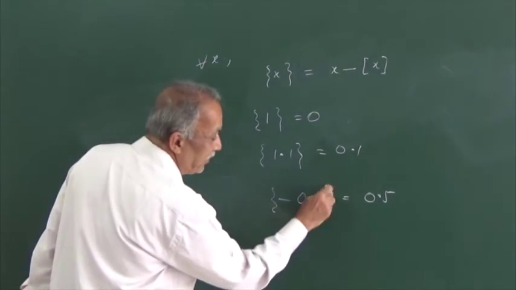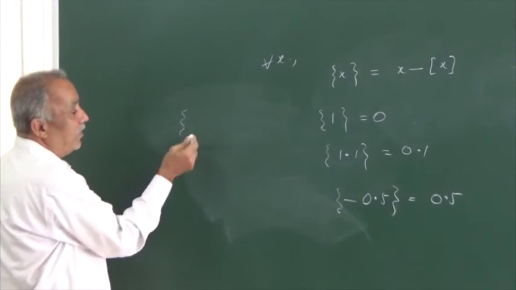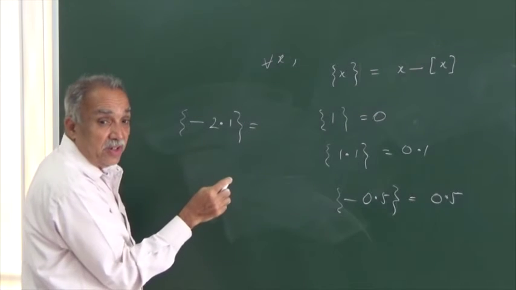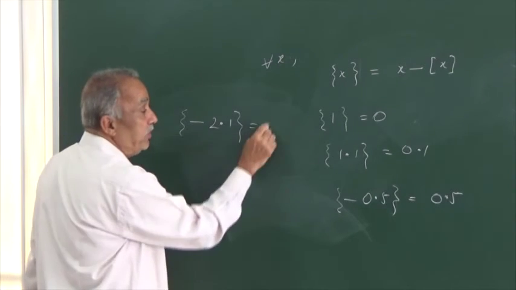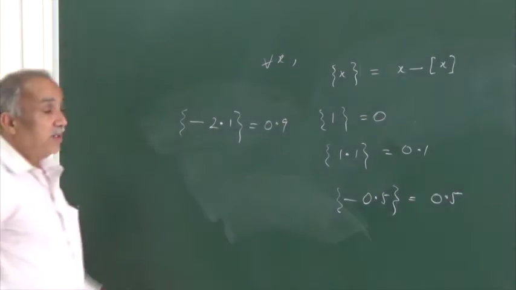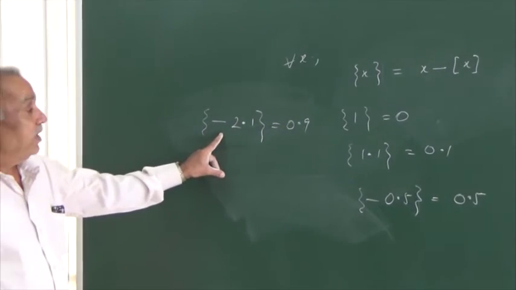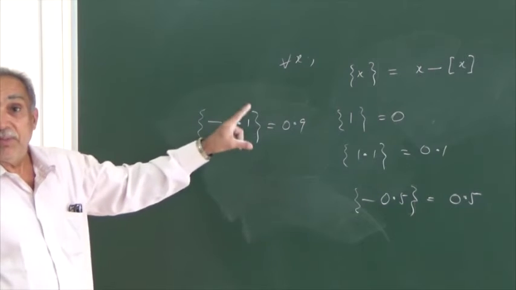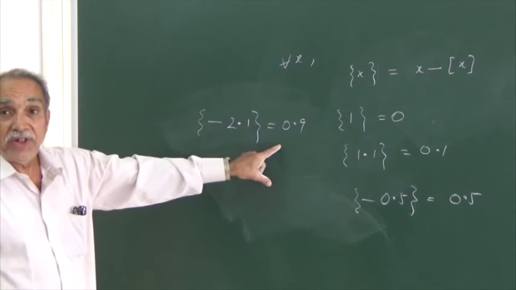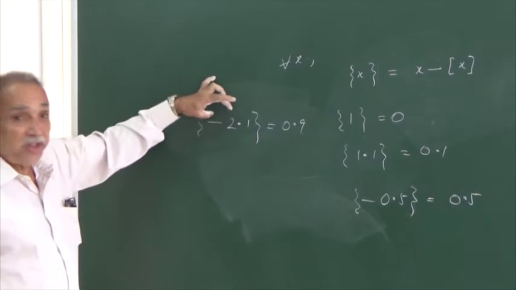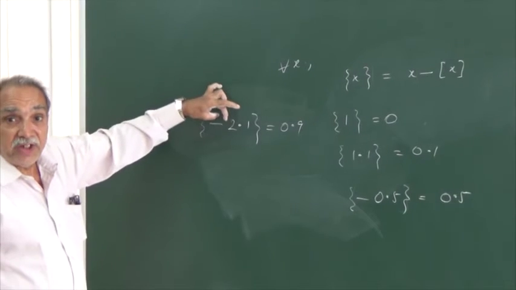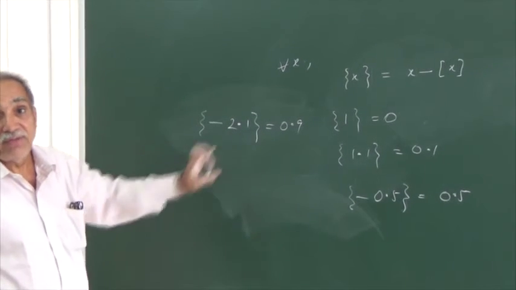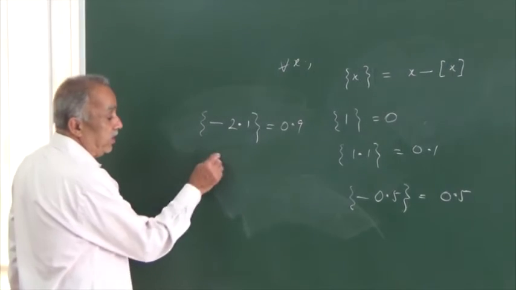The fractional part of minus 2.1 is not minus 0.1, it is 0.9, because the integer part is minus 3 and actual value minus integer part, minus 2.1 minus minus 3, becomes 0.9. Even otherwise, you must treat this as a negative integer part plus a positive fraction and read that positive fraction as the fractional part.